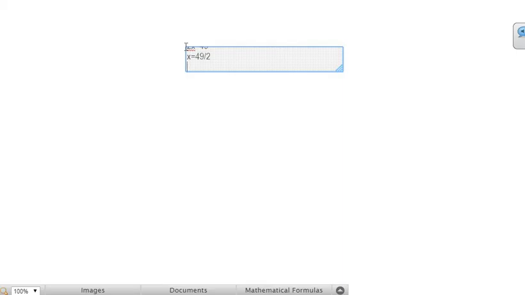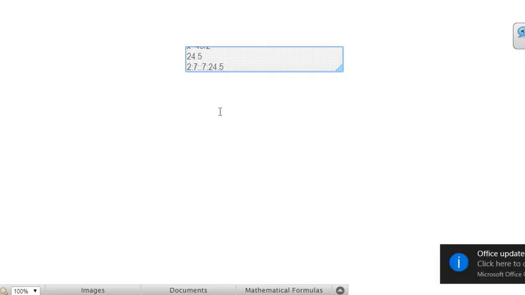So 24.5 is the answer for the third proportion, which means it's 2 is to 7, such that 7 is to 24.5.